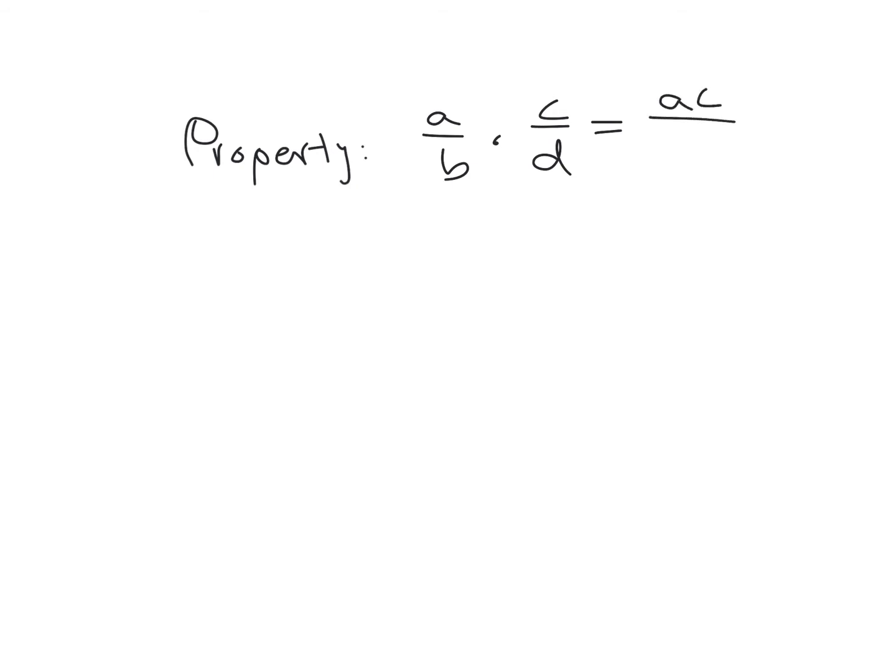The property for multiplication says that if you have an A over B, so basically any fraction, times another fraction, say C over D, multiplying those two together would be AC over BD, meaning you multiply across. That's what the property is trying to communicate.